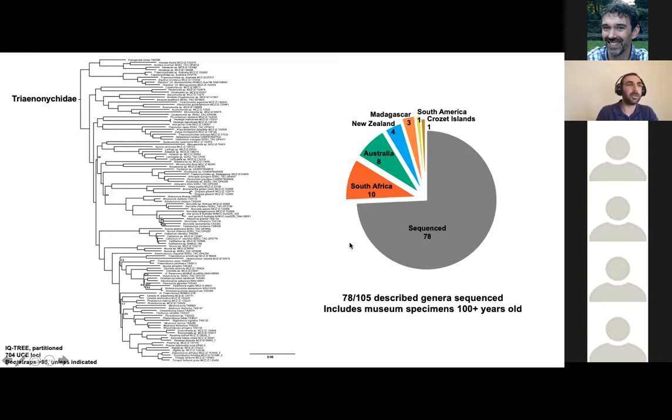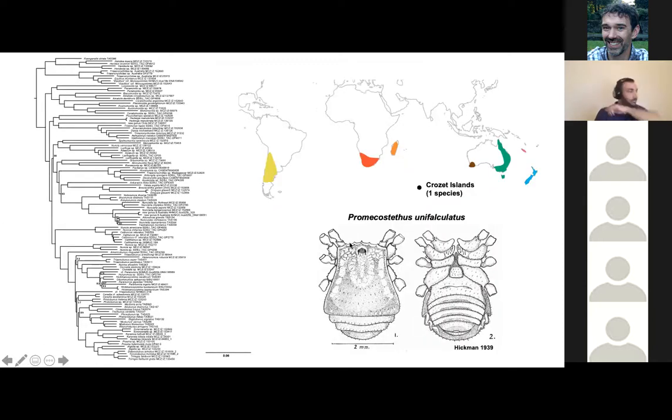The only missing taxon that is important to this question is the species Permectostethus unifalculatus, endemic to the Crozet Islands of the Southern Indian Ocean. This is obviously a long distance dispersal event. We were not able to get specimens of this species, but we're working on it. For now, we have excellent taxon sampling.